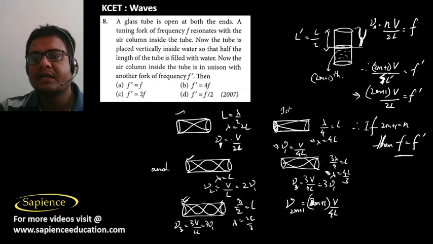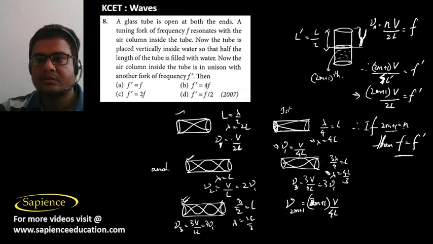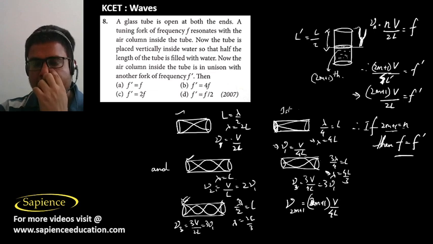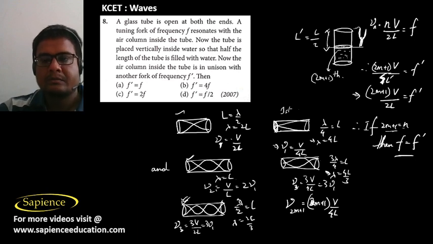So we have to take n as some odd number only. So it means that option A is the correct answer.